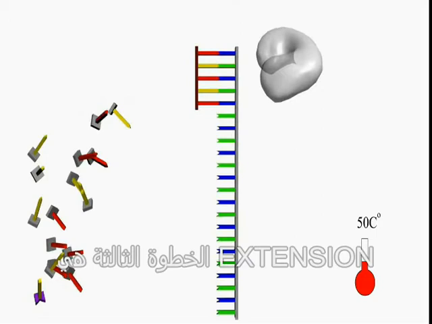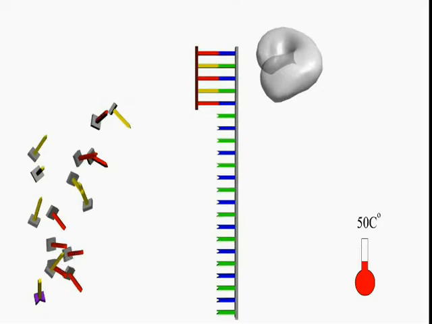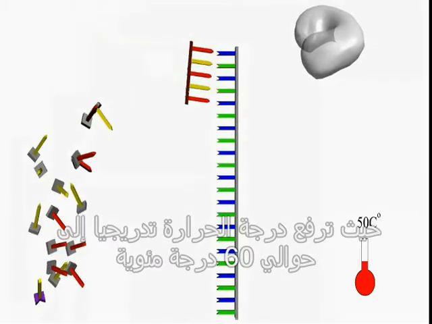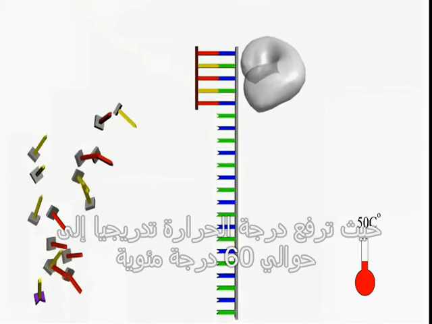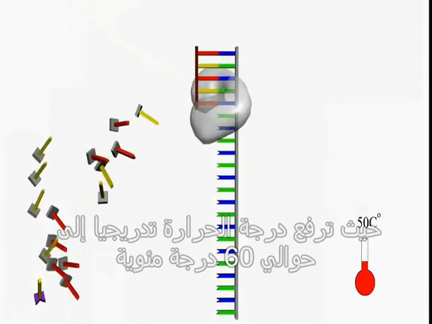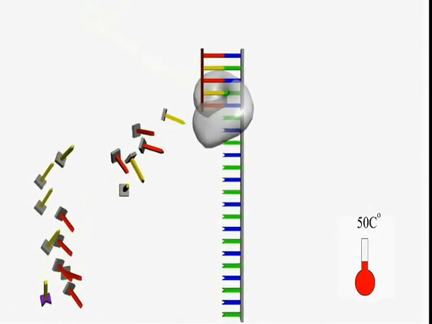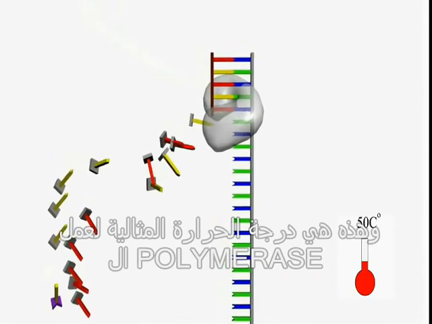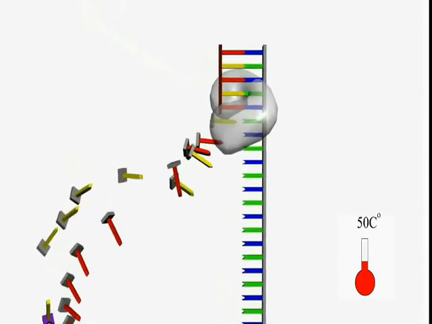The extension step starts, where the temperature is raised gradually to approximately 60 degrees Celsius. This is the ideal working temperature for the polymerase.